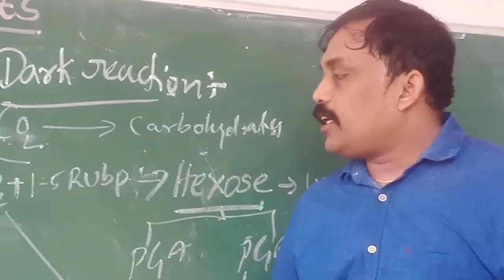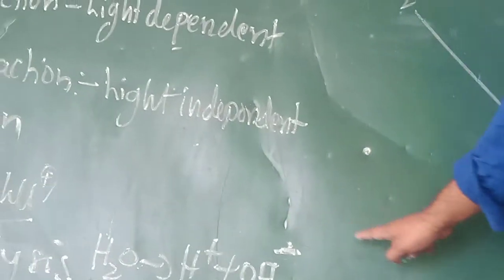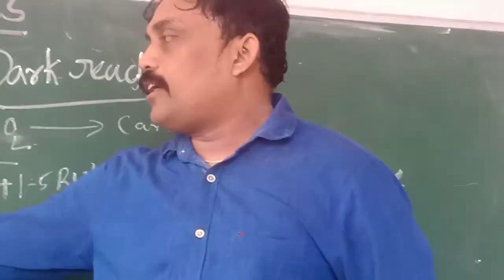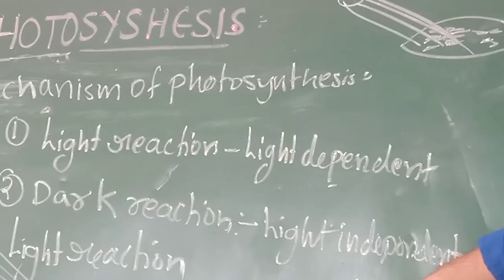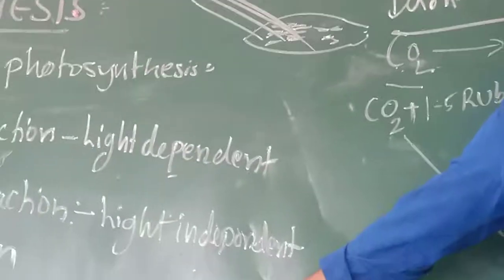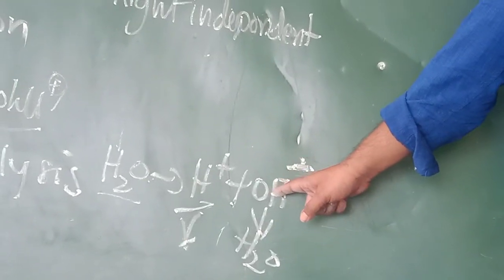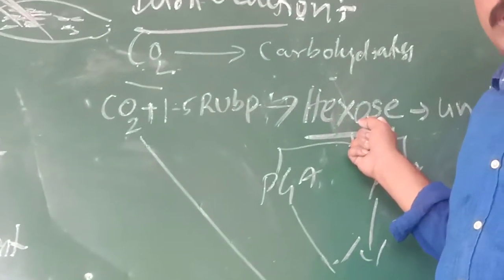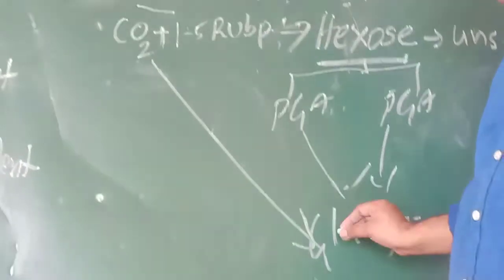Actually, what is given in 10th class is: in light reaction, chlorophyll is activated and water molecules are split, which we call photolysis, giving H plus and OH minus ions. H plus ions are useful in dark reaction.